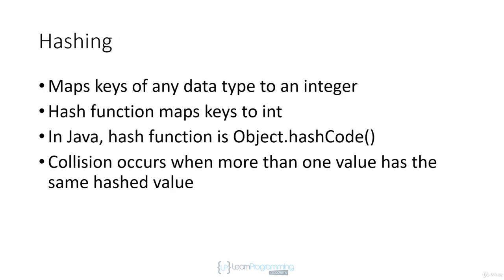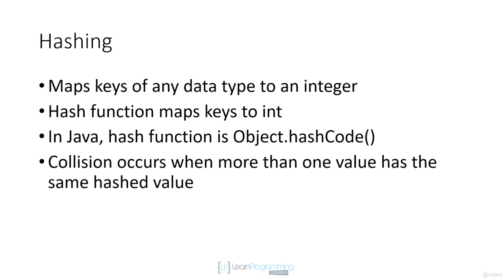Okay, so I mentioned that the keys can be any data type. So you could have a string as a key, you can have whatever you want as a key. But under the covers, those keys are being converted to integers. One common way of backing a hash table is to use an array. And of course, for an array, you've got to have integer indices. And so to convert the keys to integers, you hash the key.